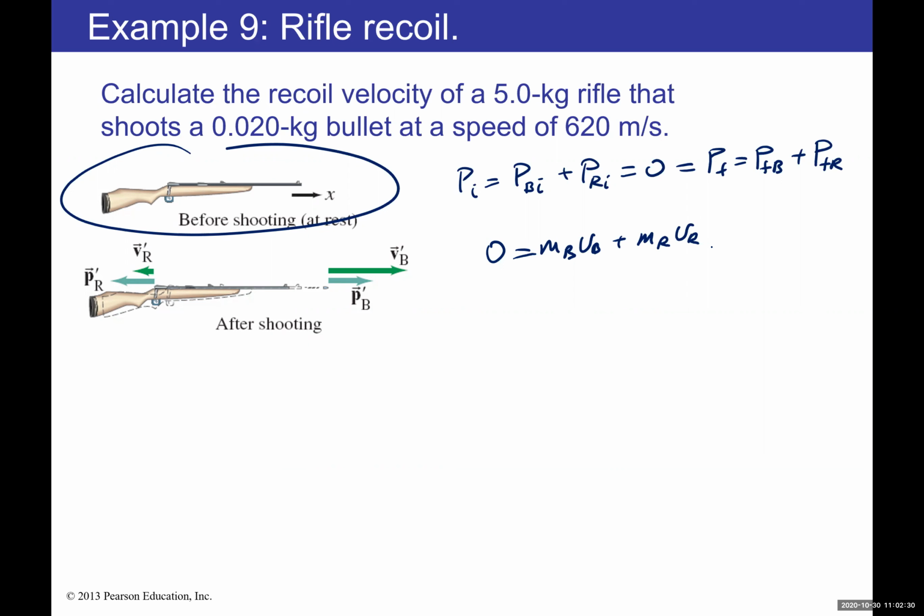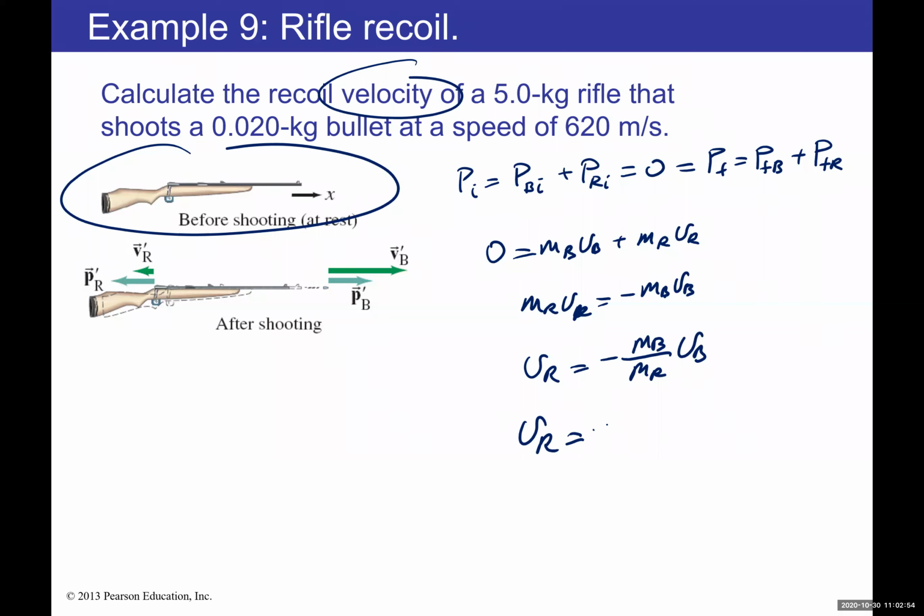Okay, which means if I want to find the recoil velocity, I want to find the velocity of the rifle. So then m rifle v rifle equals negative m bullet v bullet. That means the velocity of the rifle equals negative the mass of the bullet over the mass of the rifle times the velocity of the bullet.